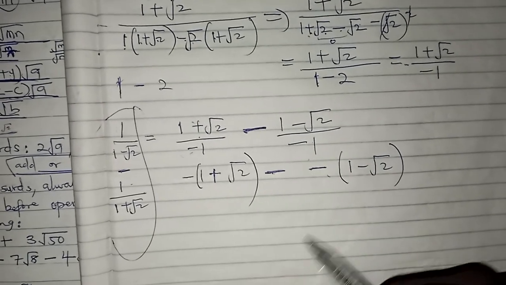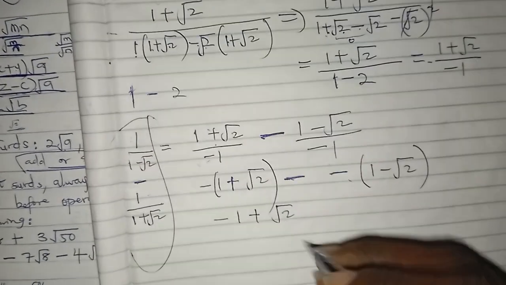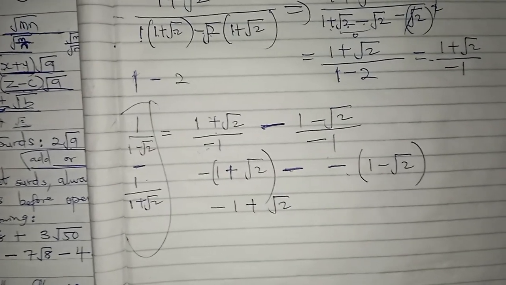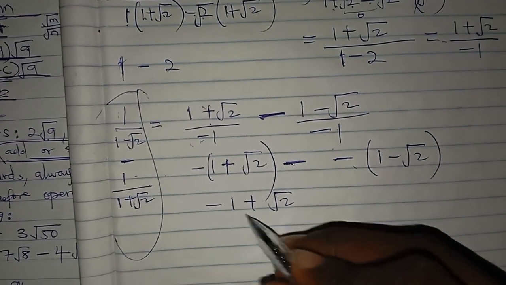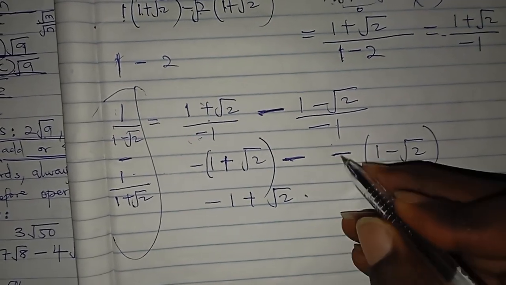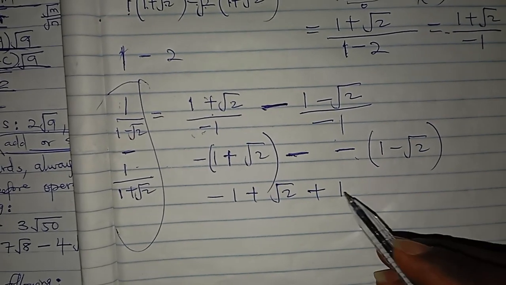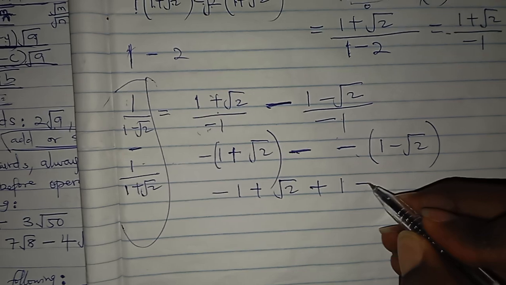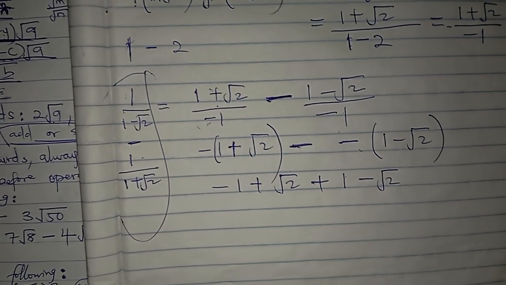So this is the sentence as saying minus 1 plus root 2. So minus 1 plus root 2 minus plus 1 plus 1 minus root 2. Wait.